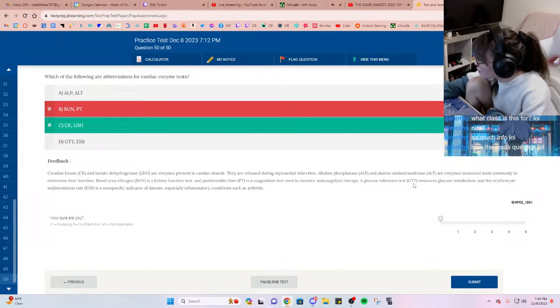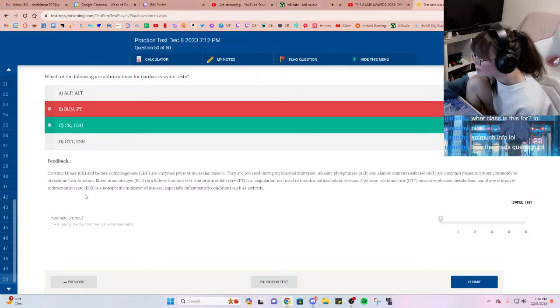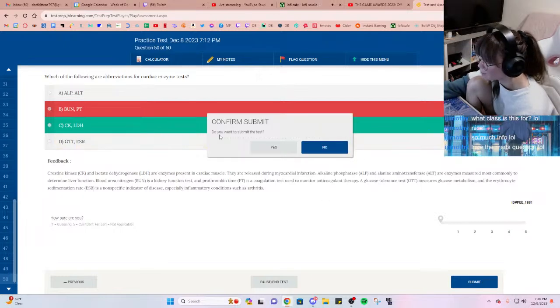A glucose tolerance test measures glucose metabolism. Erythrocyte sedimentation rate is a non-specific indicator of disease, especially inflammatory conditions such as arthritis. ESR is for arthritis. Okay.